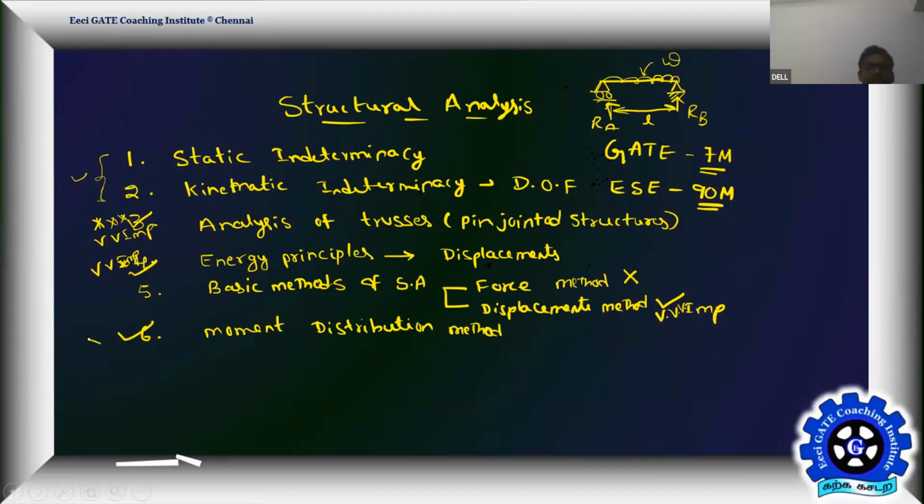This moment distribution method is used to analyze statically indeterminate structures, basically, maybe continuous beams, frames, etc., which can be analyzed easily by using the moment distribution method. And we have the seventh chapter, which is what we call influence line diagrams, ILDs.